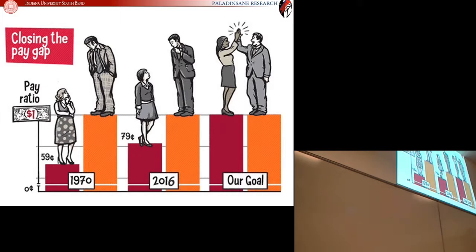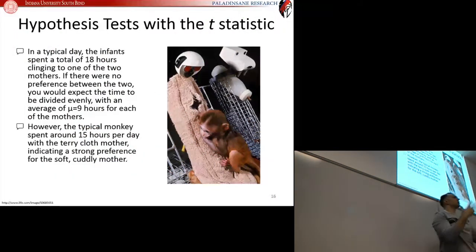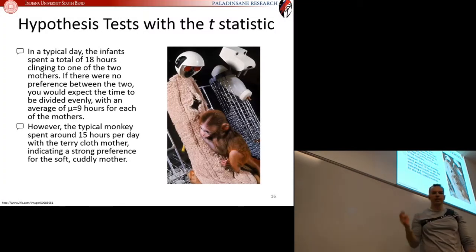However, we do know that under the null hypothesis, if there was no effect, if there was no wage gap, we would know what that would look like. It would be $1 per $1, women earning for every dollar that males earn. So the hypothesized mean is just that. It's a hypothesis, it's an idea, it's a speculation of what would happen if the null hypothesis was true.